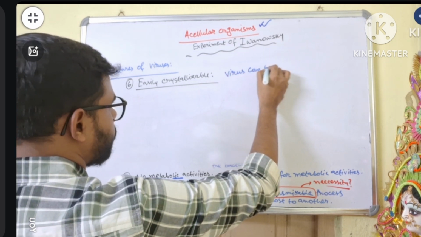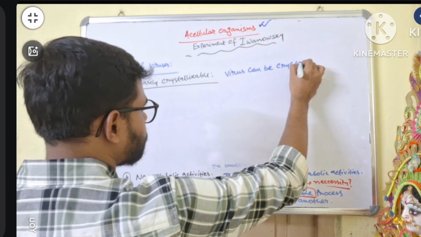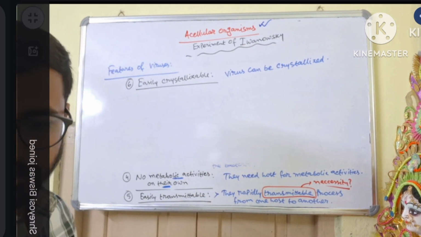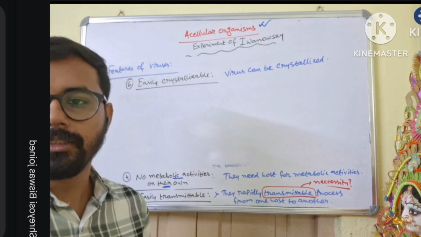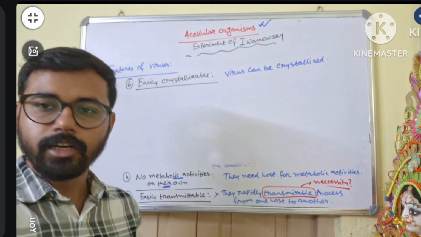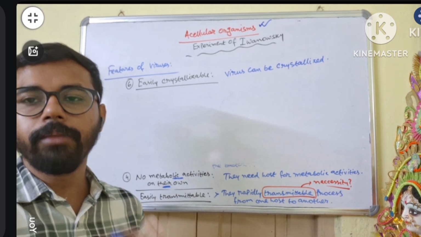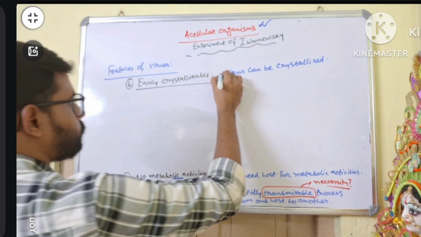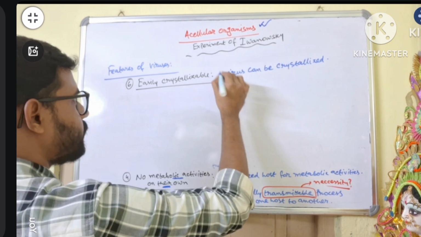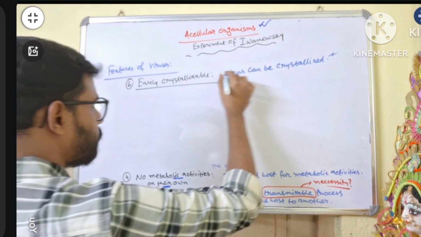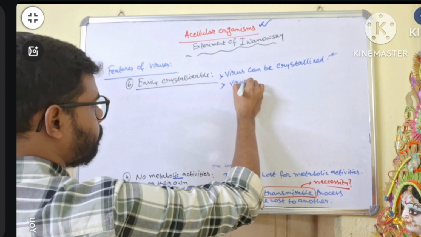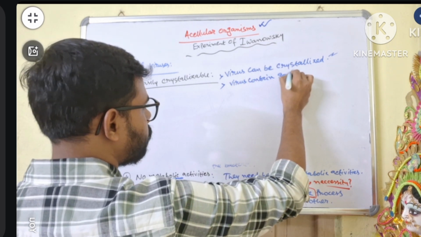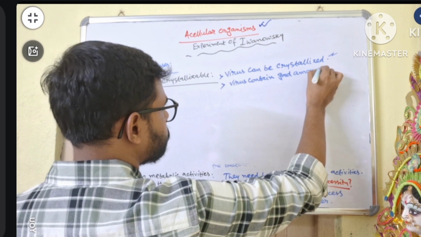Virus can be crystallized because virus contains a large amount of protein in its structure. A crystallized structure is formed in a biological sample when proteins are in huge concentration. From that view, it is clear that virus contains a good amount of protein in its structure.